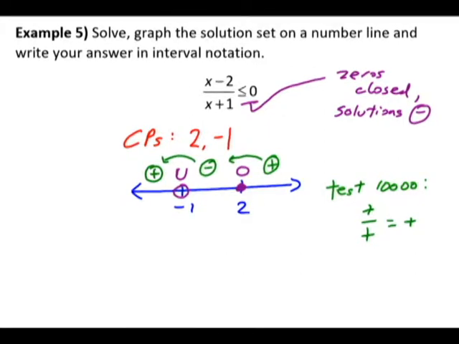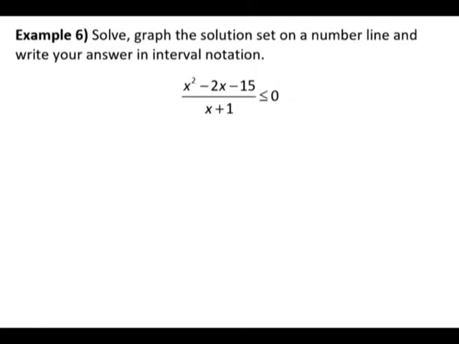Now we mark the solution interval, which is the -1, and finally express our answer in interval notation. Try the next 2 examples on your own, and then I'll catch up and show my solution.